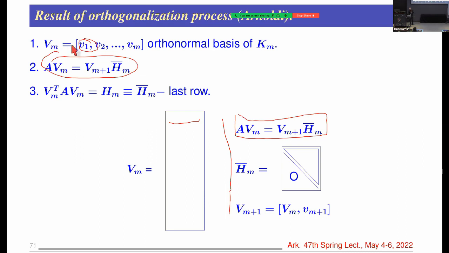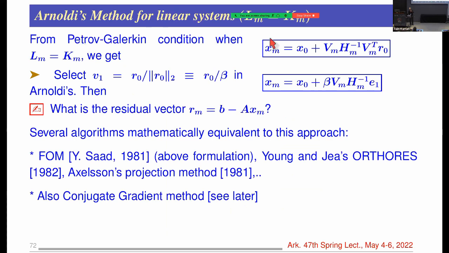If you take that and you build the subspace from the Arnoldi algorithm, then you'll find that the solution is of this form: xm is x0 plus a combination of the vectors in Vm, and that combination is given by what we called ym earlier. It's a very simple algorithm. This is called simply the FOM, the Arnoldi method for solving linear systems.